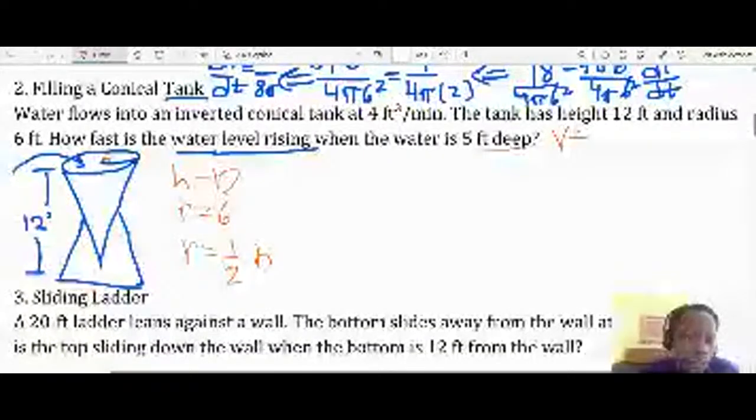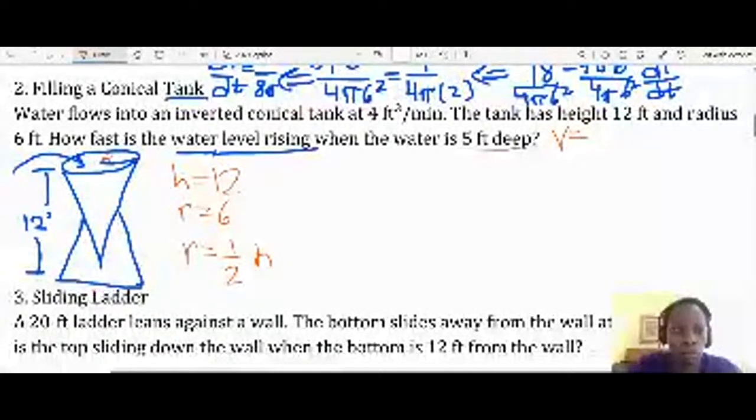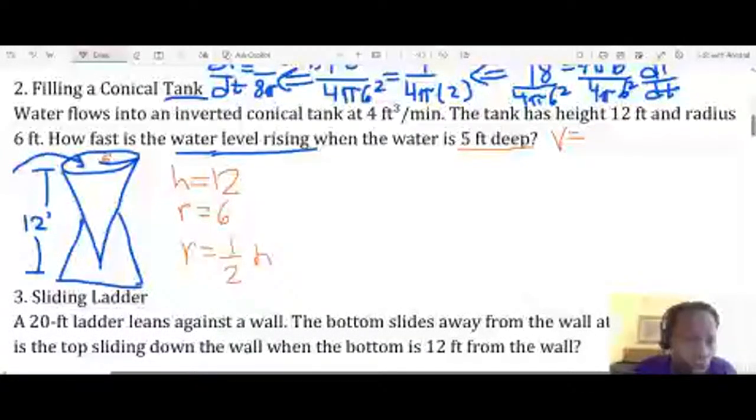There's going to be an h in there for a third power. Let me double check that. One third pi r squared h. Okay, so 1/3 pi r squared h.